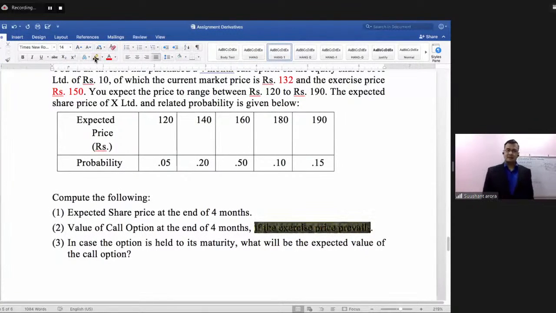See this line. Value the call option at the end of months if the exercise price prevails. What does this mean? It simply means that exercise price prevails, this is what I have written.